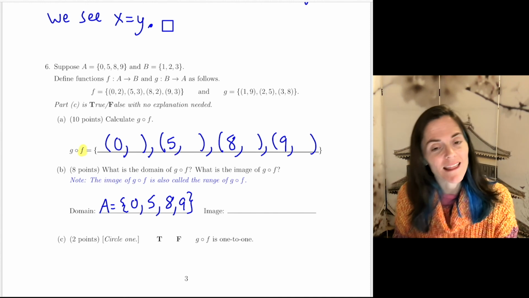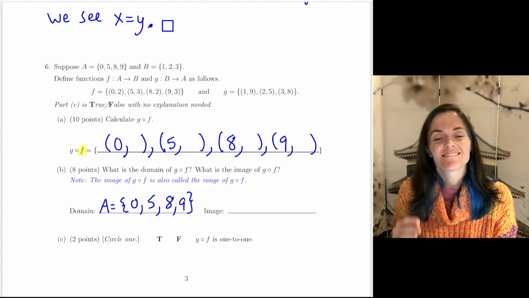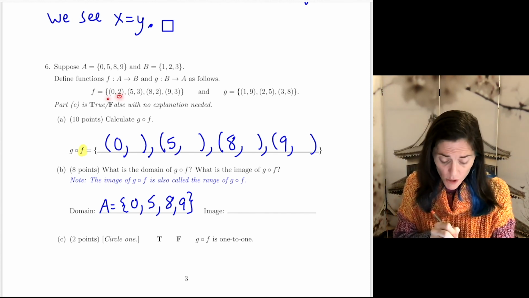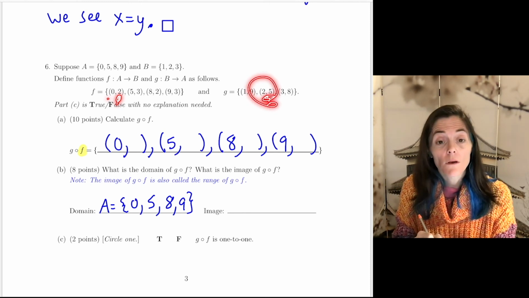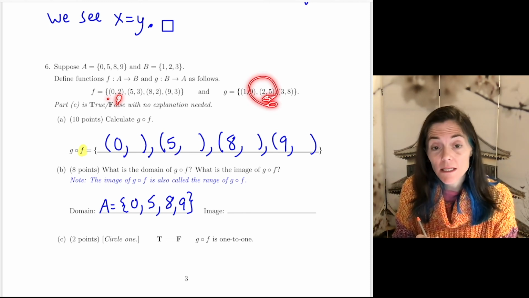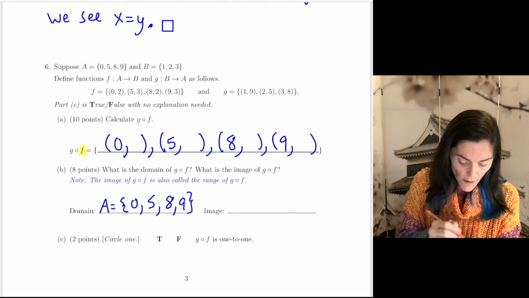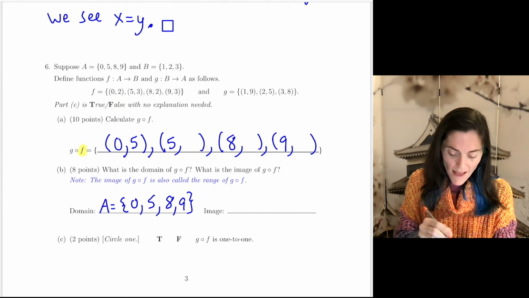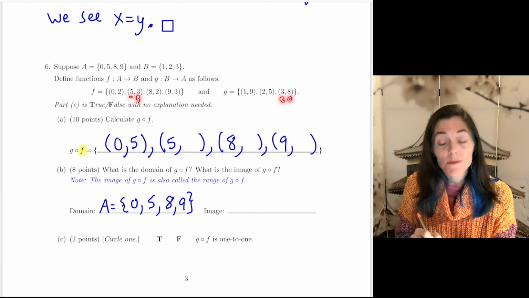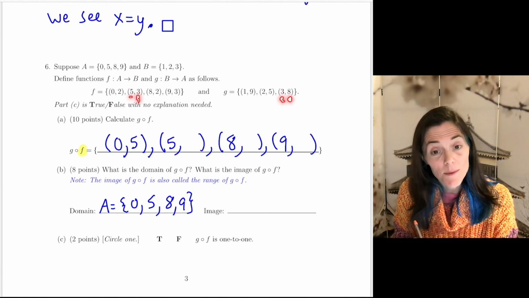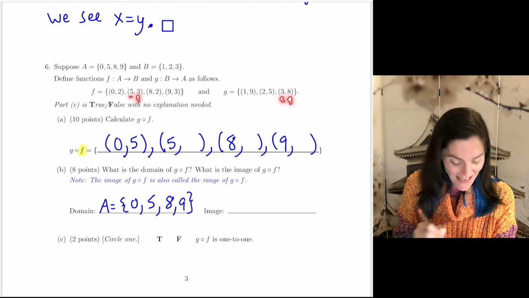Okay, and how do we get that? Well, it's composition. In f, 0 maps to 2, and then in g, 2 maps to 5. So altogether in the composition, 0 maps to 5. And then in f, 5 maps to 3, and in g, 3 maps to 8. So in the composition, 5 maps to 8.